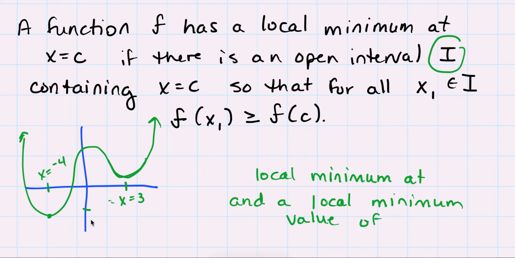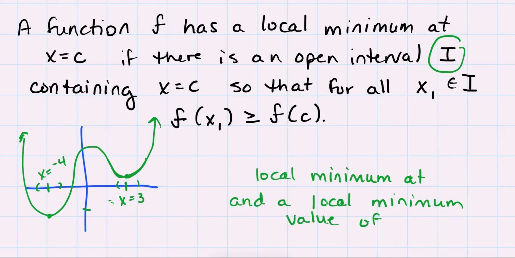So wherever the bottom of my valleys are, I have local minimums. So that means I could find a little interval around this number -4 and around this number 3, that anything in that open interval will always be above that value. So just think about valleys of a graph. So here I'm going to have two local minimums.